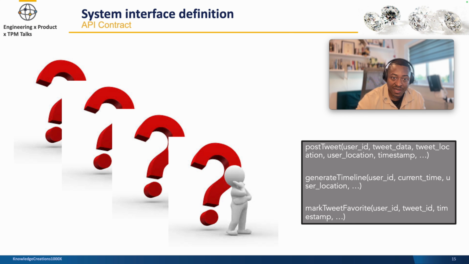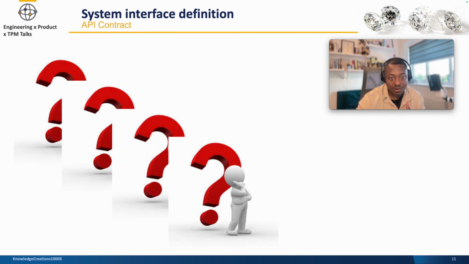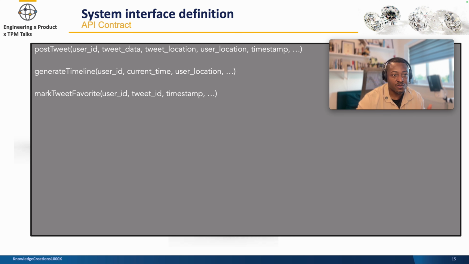You need to generate a timeline of hot topics, or a timeline of favorite tweets, or a user's timeline. What would that entail? Do you want to mark a tweet as favorite or not? These are the kinds of questions. I've left some blank space there. Fill in the comments at the bottom and tell me what other aspects of system interfaces you think should form a Twitter or X-like service API contract.